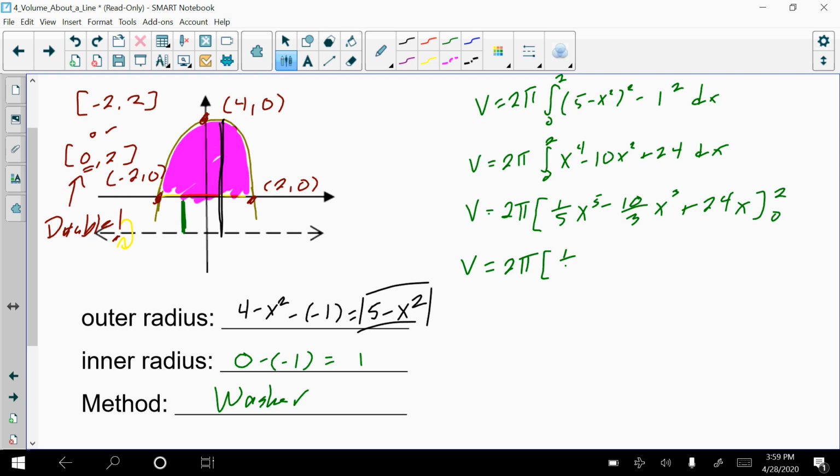So let's say 1/5 times 2 to the 5th, minus 10/3 times 2 cubed, plus 24 times 2.